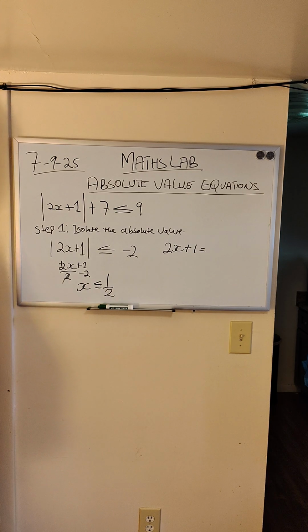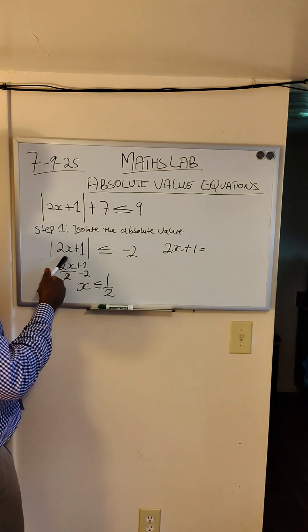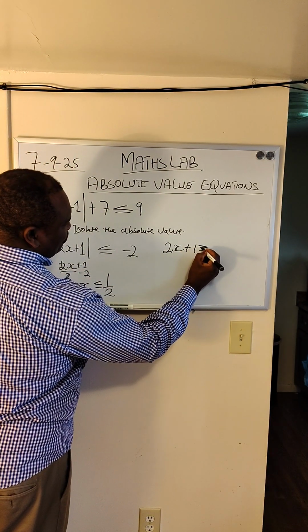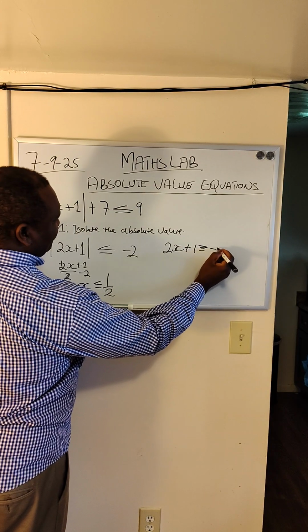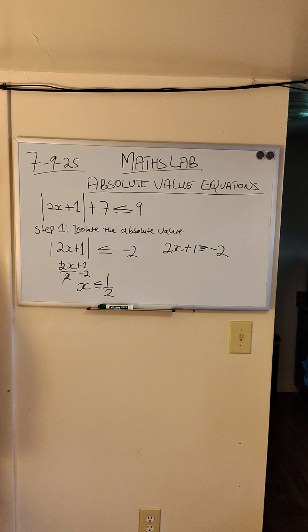Our example, 2x plus 1 right here. This is the math right here. So 2x plus 1 is less than or equal to negative 2, as is clearly indicated right here, after we take care of the absolute value.